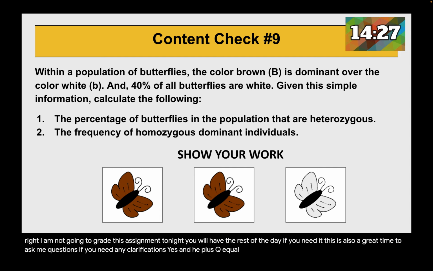Yep. And which one do you use? Well, what do we know? We also know 40% of the butterflies are white. Okay, so that leaves us with 60%. Kind of. So 40% are white.